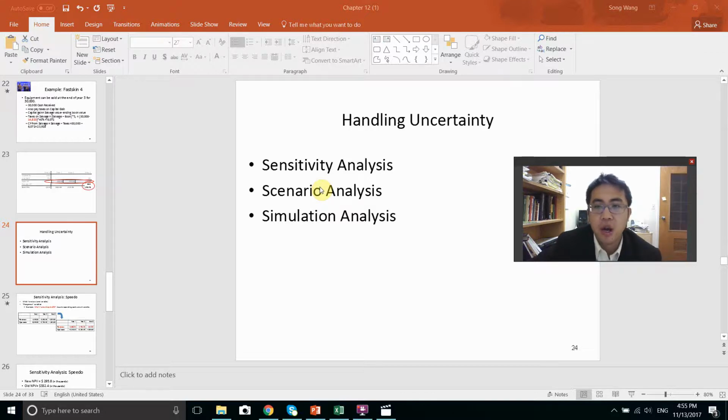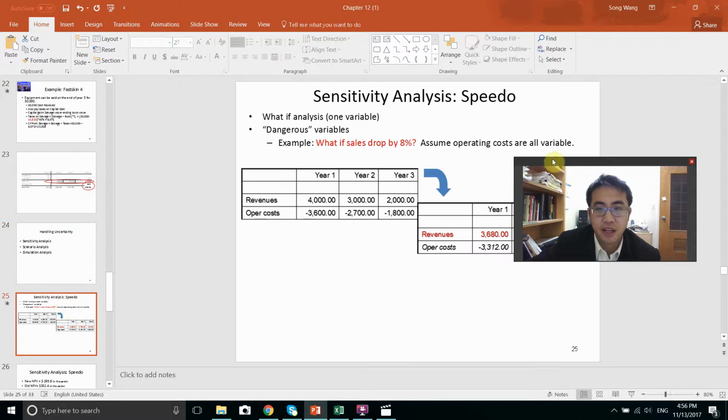There is always risk involved. So there's a lot of uncertainty. And we have these 3 types of analysis to handle uncertainty. We cannot control the riskiness, but at least we have an idea of how we can be affected by the risk. The first one is sensitivity analysis.